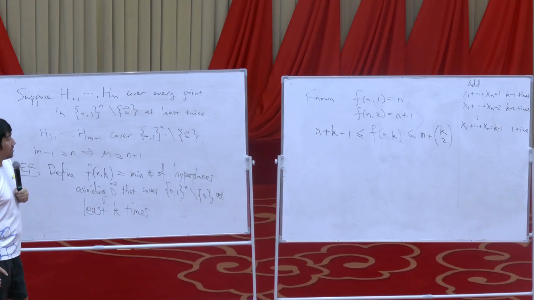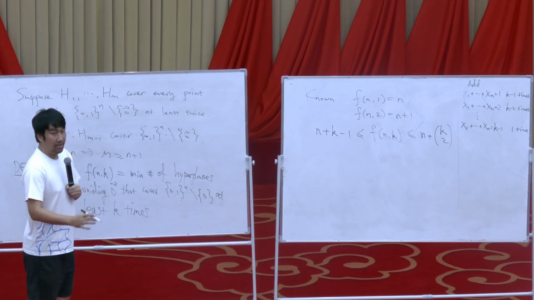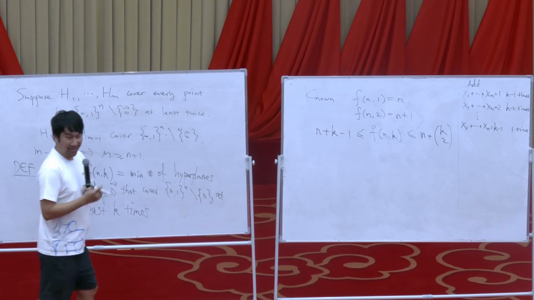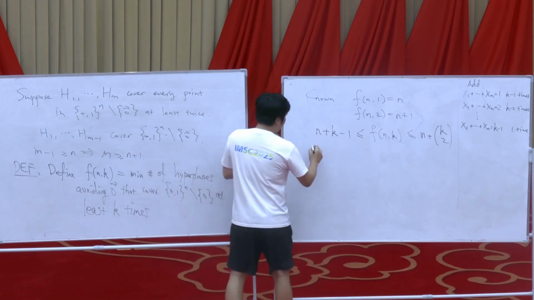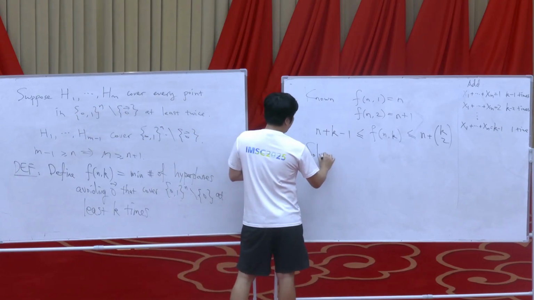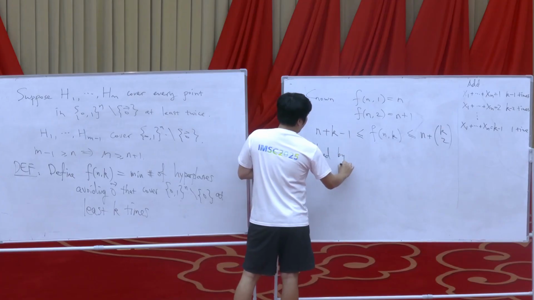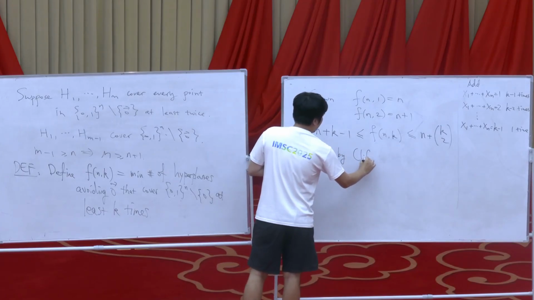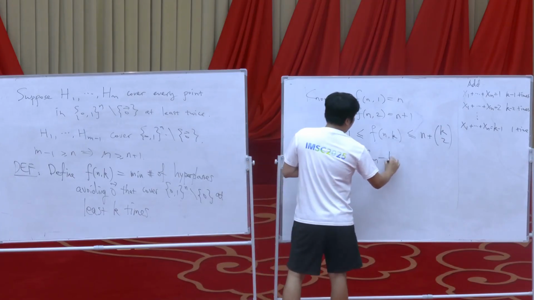That tells us that already when k is equal to 3, the lower bound is n plus 2, and the upper bound is n plus 3. And there is a gap. But this is already solved. It is known, solved by Clifton and Huang.